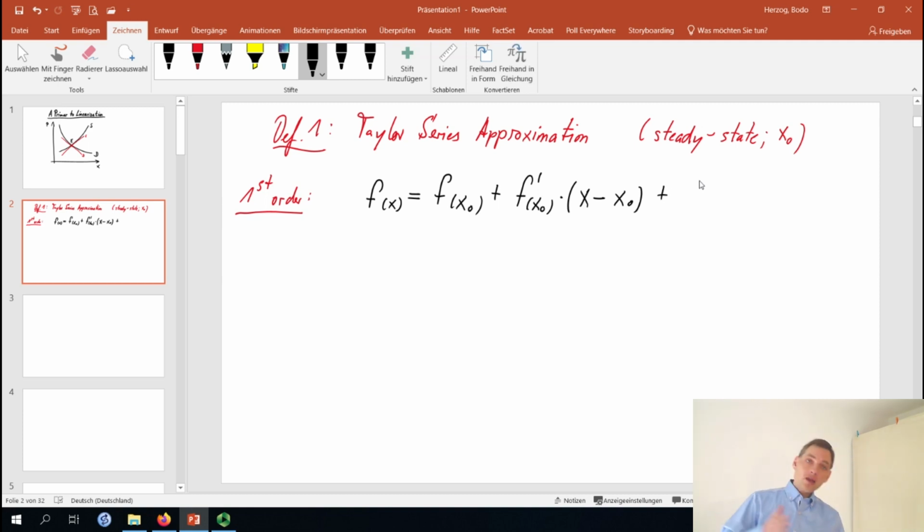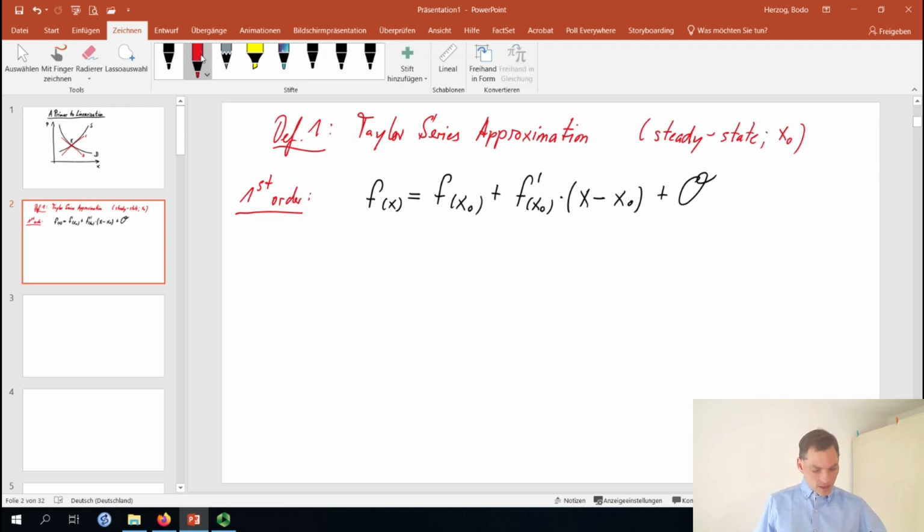But when we follow up this Taylor approximation, we get higher order terms. These higher order terms are assumed to be very small, and that is captured by this O term at the end. So this would be the formula of a first order Taylor series approximation. In a moment we do some examples.